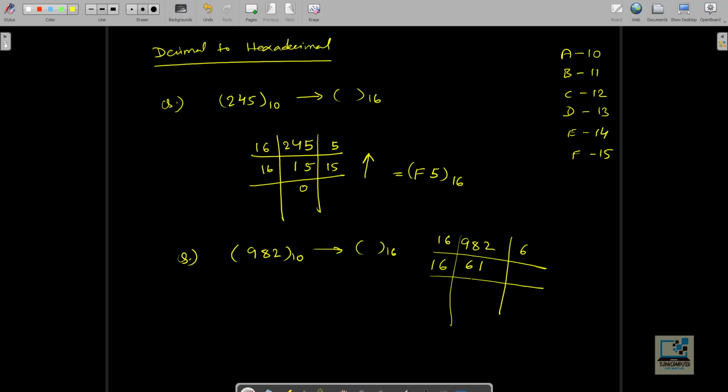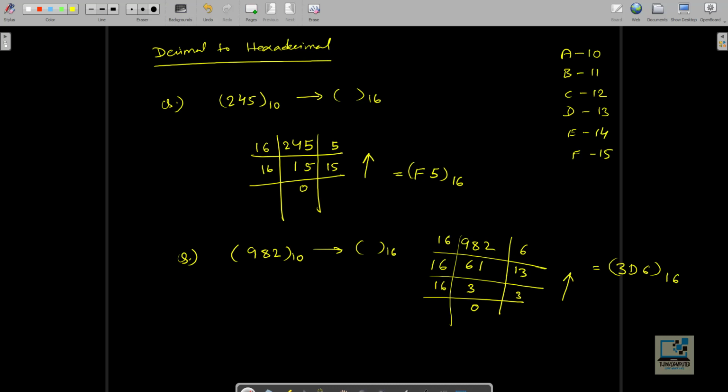Again 16 4s are 64, not possible, 16 3s are 48. So 61 minus 48, that is going to be 13. So 13 is the remainder. Now 16 zeros are 0, remainder 3. Bottom to top, that is coming up as 3, 13 will be written as D and 6. 3D6 base 16.